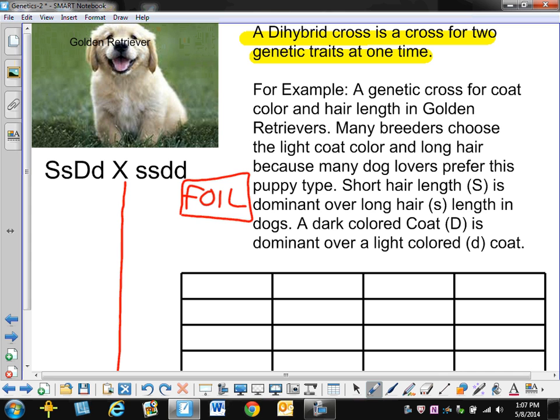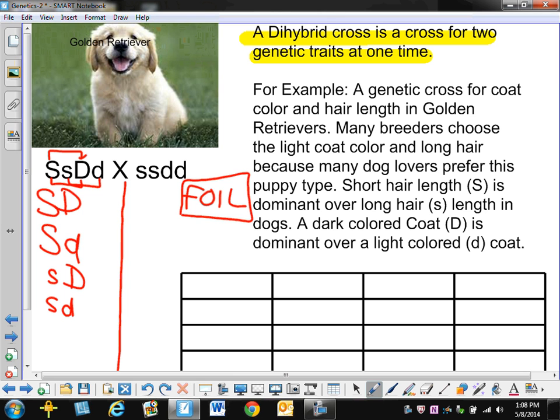We're going to go to the first set. So we have a capital S, a capital D. First is done. Outside, we're going to go with the capital S, the little d. Inside, we're going to go with the little s and the big D. Last, we're going to go with the little s and the little d. All right? Does everybody see that?